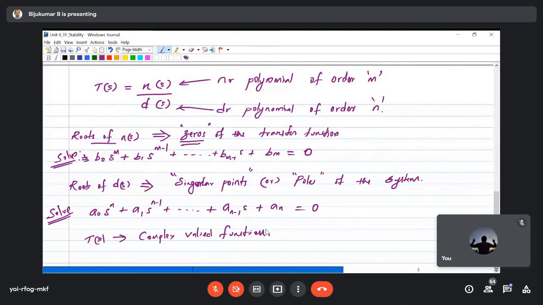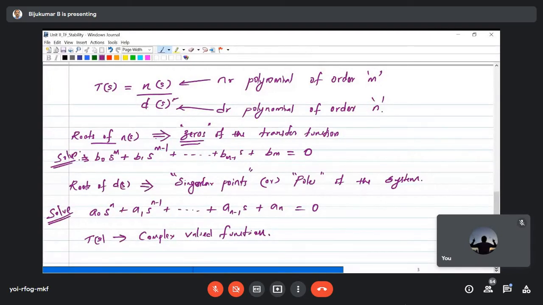At certain points, the function or its derivative does not exist. Those points are called singular points or poles. If you put D of s equal to 0 in this transfer function, T of s becomes infinity. The value doesn't exist. So those roots are called poles of the transfer function.